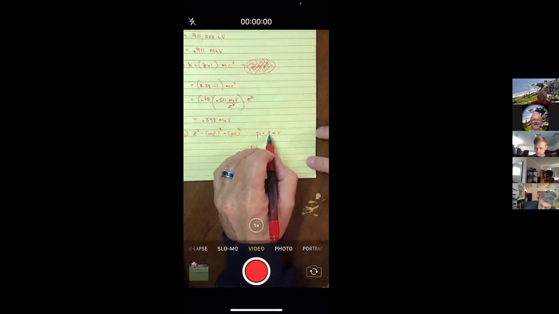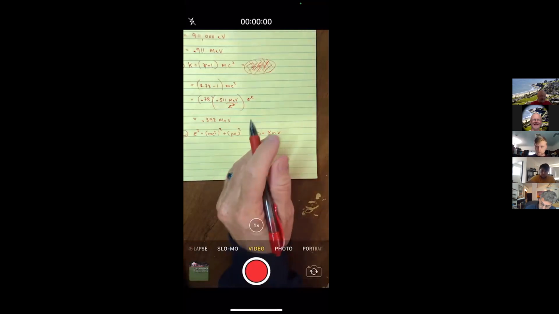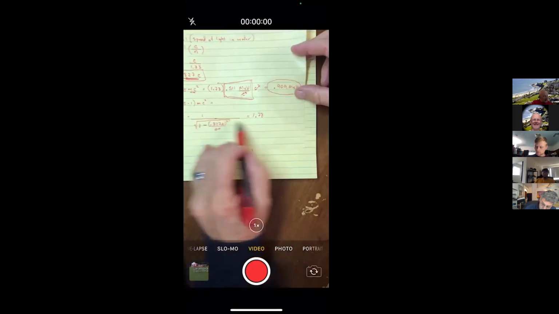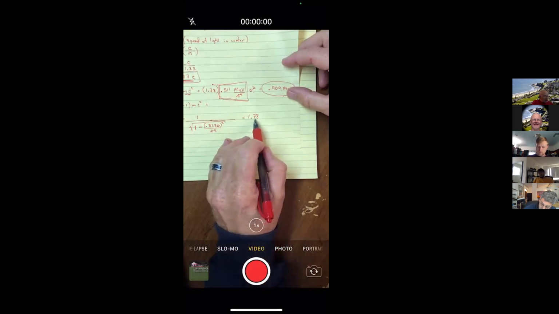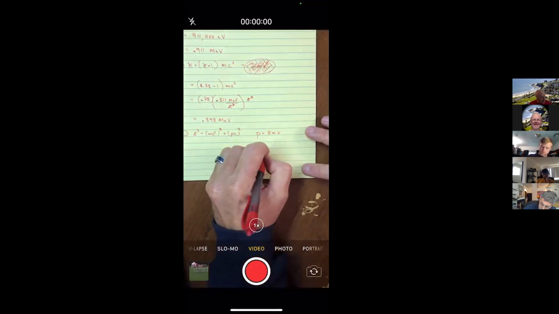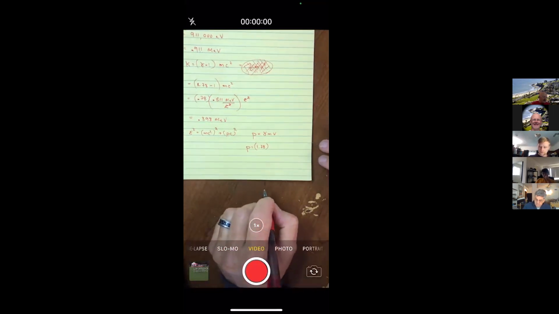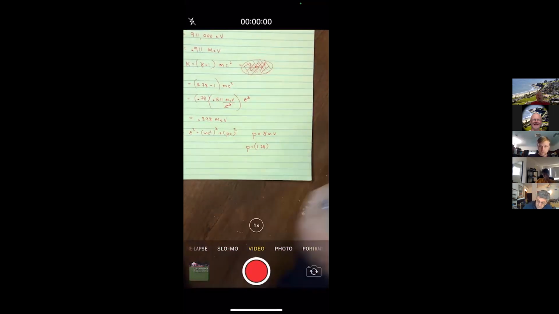Now remember the gamma factor we did earlier. What did I do with the gamma factor? Here it is on page, 1.78. So 1.78. And again, watch these weird units.